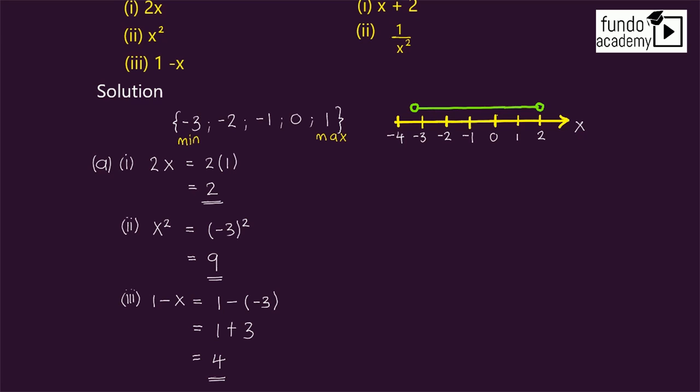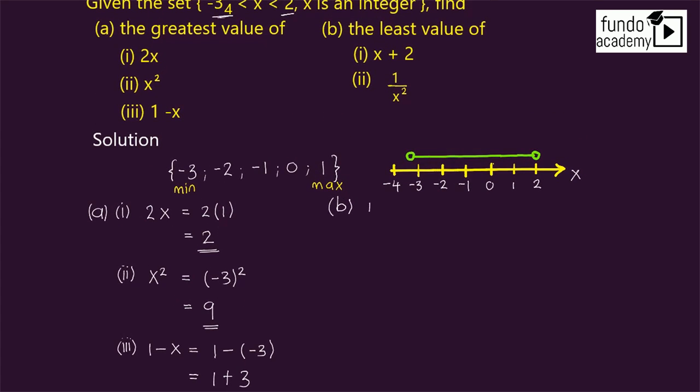Alright, let's move on to part B. On part 1 we want the least value of x plus 2. In order for us to get the least value of x plus 2, we have to use the least value of x and add it to 2.